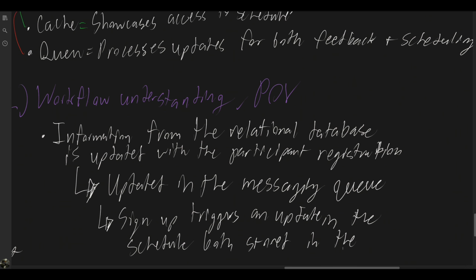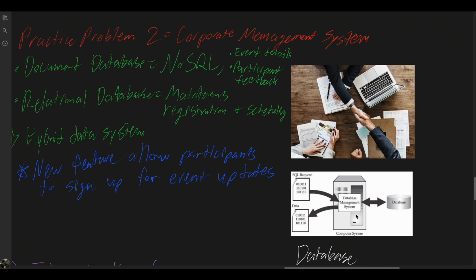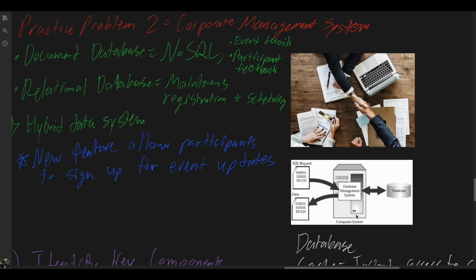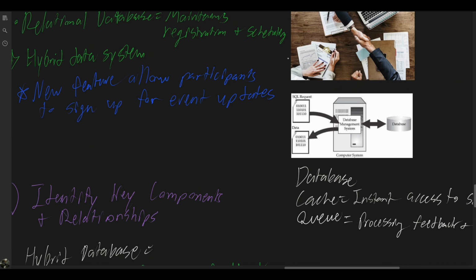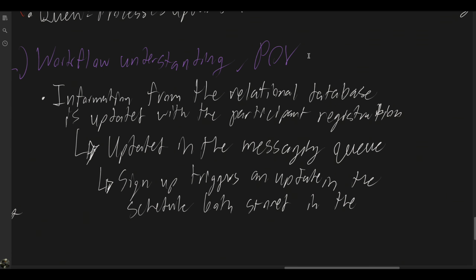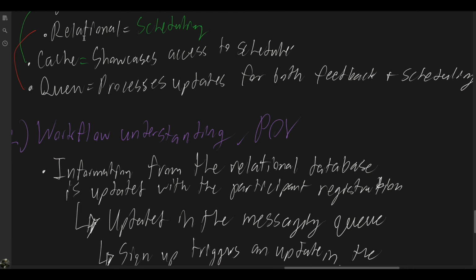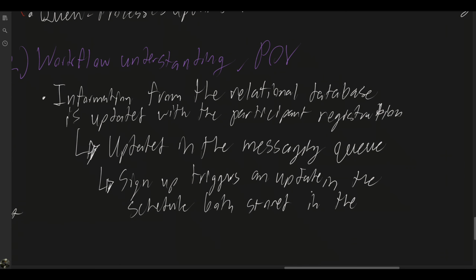in the, if we go up, since we already know the document database focuses on the event details, and since caches are already connected with the document, the schedule is both stored in the cache and document database.